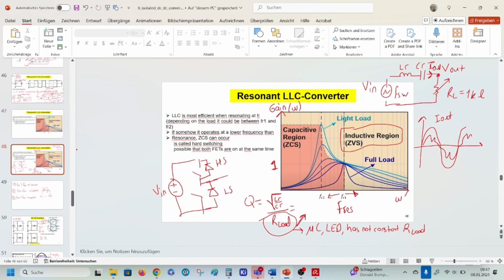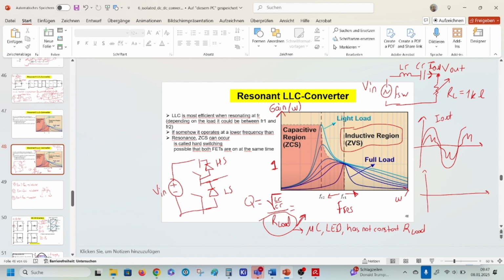It's not a sine wave anymore, it's distorted. Then I understand, okay, I am in the false region. I must change my switching frequency again.